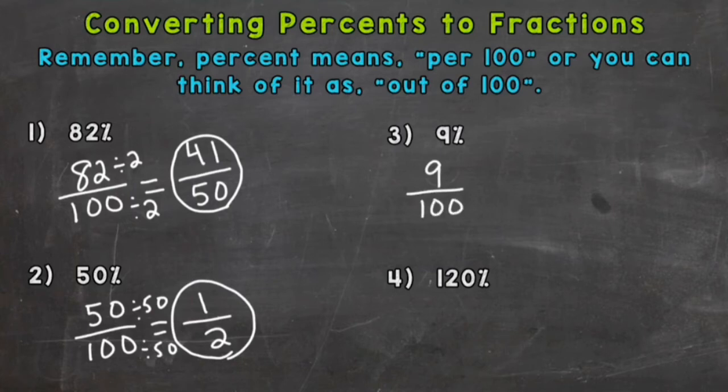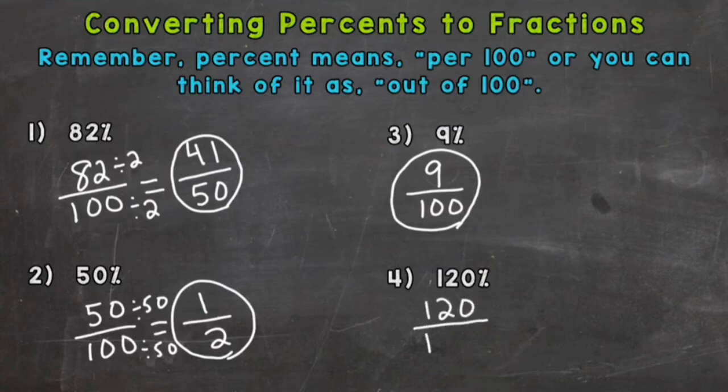The third question is 9%, and that is 9 over 100. In a case like this, the number cannot be reduced any further. So this becomes our final answer, 9 over 100. And finally, the fourth example. We have 120%, and that is 120 over 100.